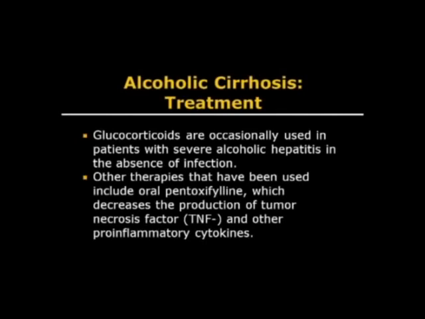So, if there is no infection, the standard approach, that's not my approach, is to give corticosteroids. Other therapies that have been used include oral pentoxifylline, I discussed that already, which decreases the production of tumor necrosis factor and other pro-inflammatory cytokines. Okay? These cytokines will induce inflammation.